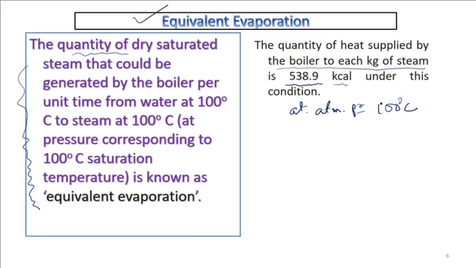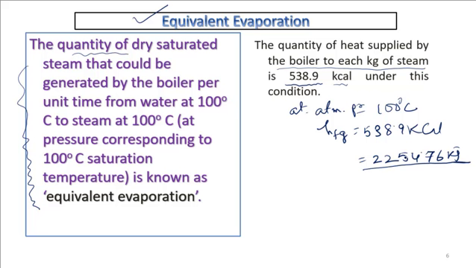That means the water becomes steam at 100 degrees centigrade, and the latent heat of evaporation under this condition is equal to 538.9 kilocalorie. And in SI unit, this amount is equal to approximately 2254.76 kilojoule for 1 kg of steam. This is called equivalent evaporation.